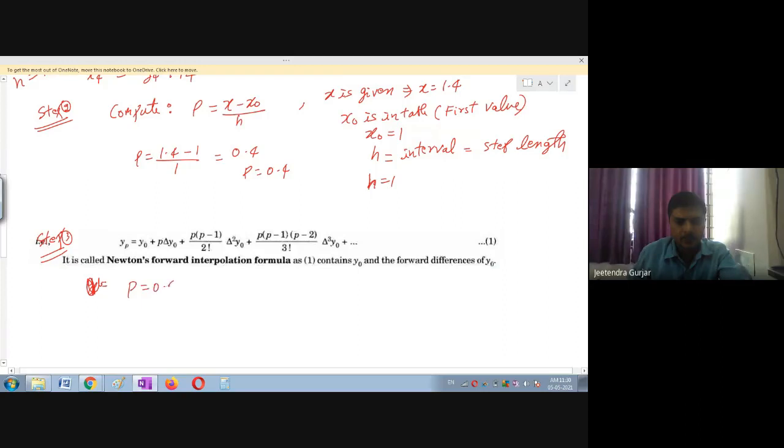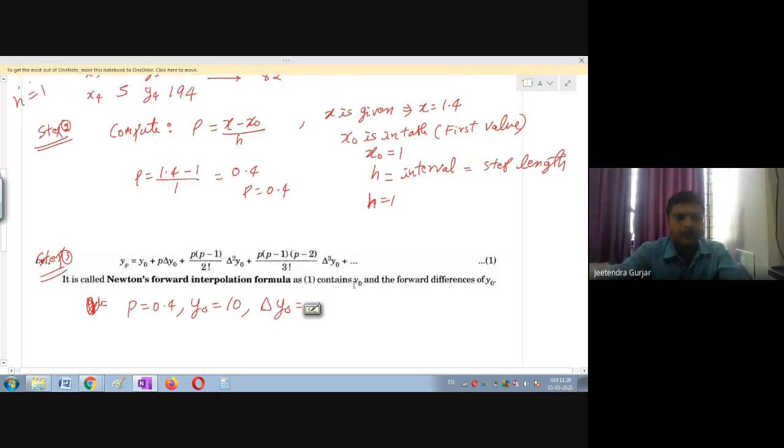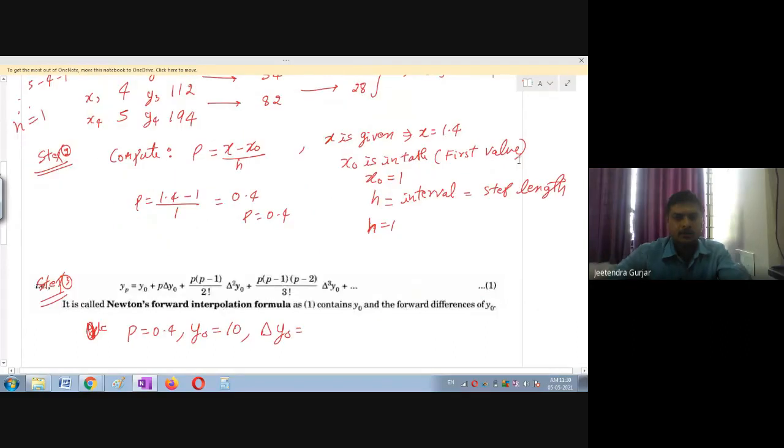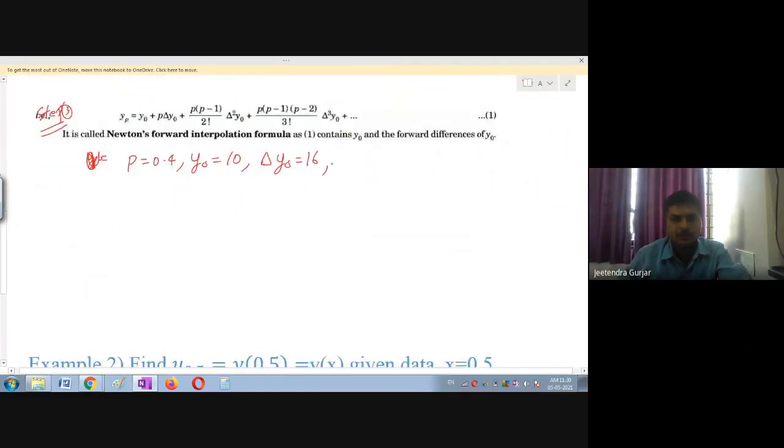P is equal to 0.4. Y naught is 10. Delta y naught I have to substitute. Just where is delta y naught? Here is delta y naught, right? Then delta square y naught I have to substitute. Delta cube y naught and delta raised to 4 y naught. So therefore this is 16, right? And delta square y naught is also 16. Delta cube y naught is 6 and delta raised to 4 y naught is 0.